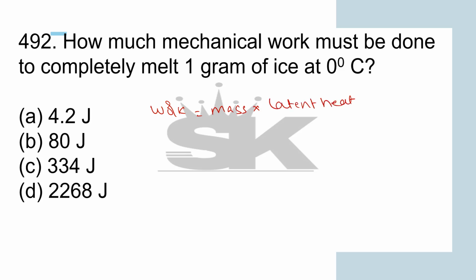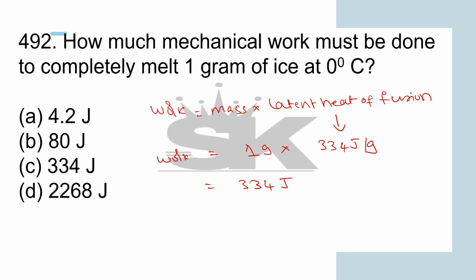The latent heat of fusion for ice is approximately 334 joule per gram. Here mass is 1 gram, right? So work equals 334 joules. So here option C.